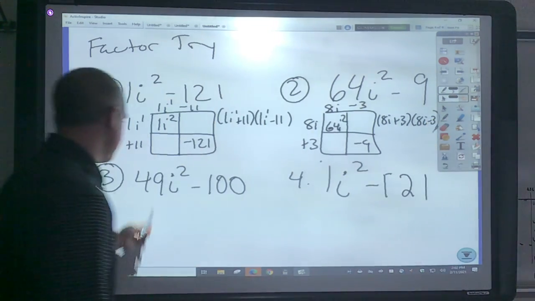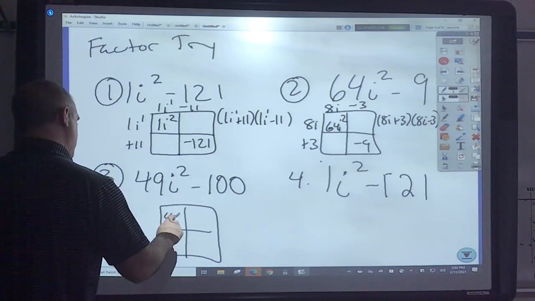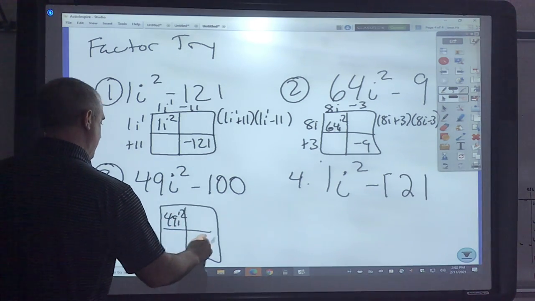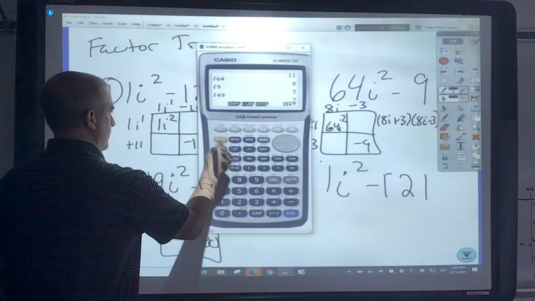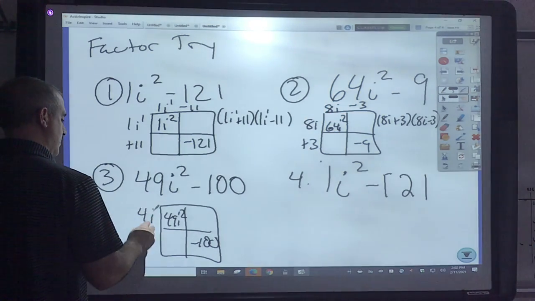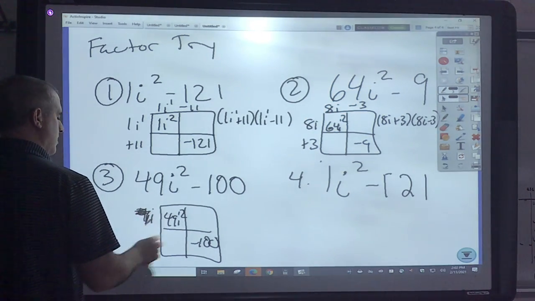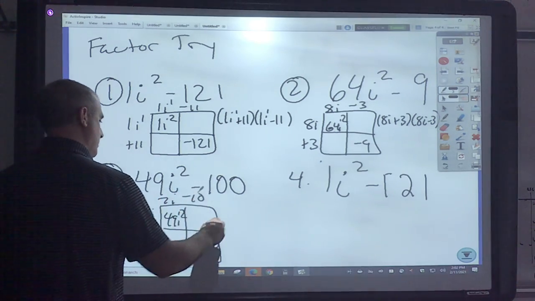This one, 49I squared minus 100, square root of 49, square root of 100. So 7I plus 100, 7I minus 100.